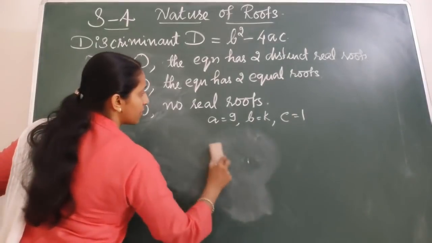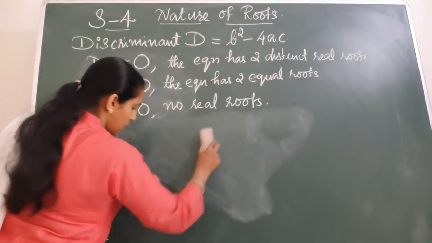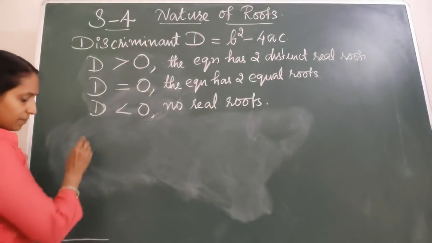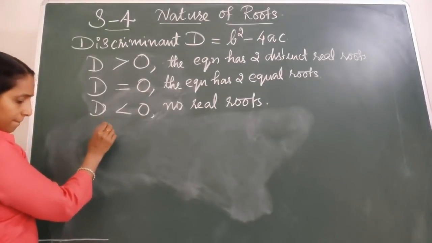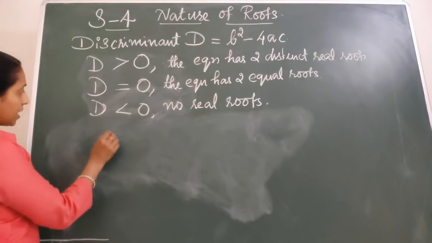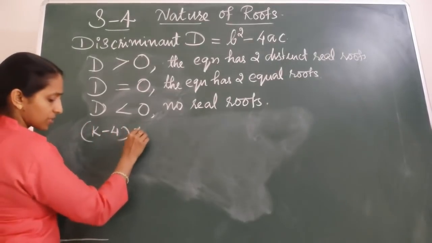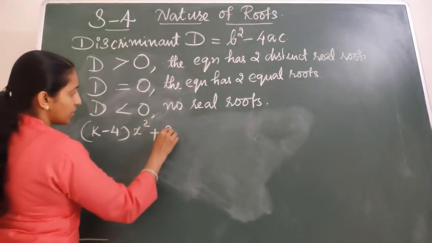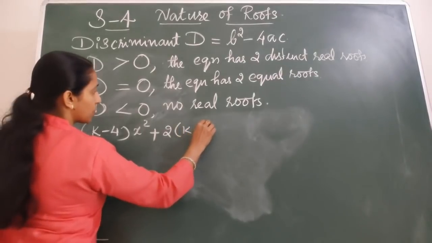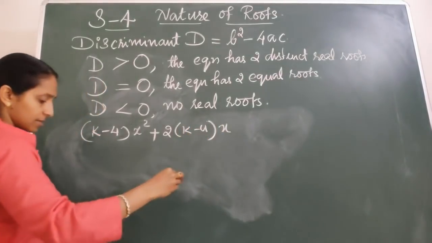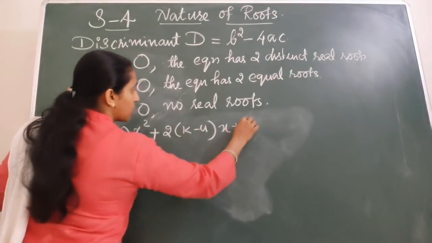For example, if you take a question: x square, k minus 4 into x square plus 2 into k minus 4 into x plus 4 equal to 0.